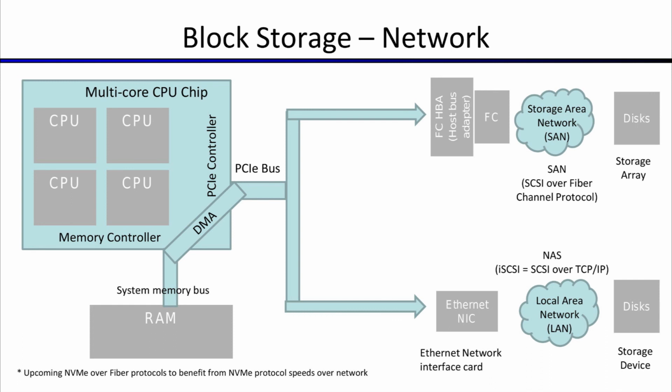The other alternative is we already have networking, local area networks, and we use IP networks for that. So you have Ethernet cards, you can use an IP network, and when you do that, it's NAS, network attached storage. So you could go that route as well. The difference between SAN and NAS is SAN has been more efficient.